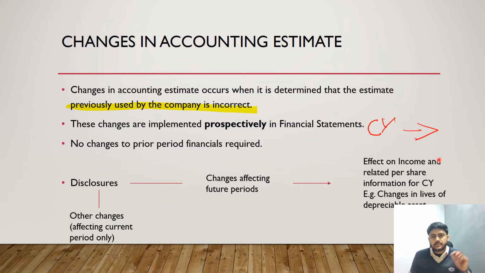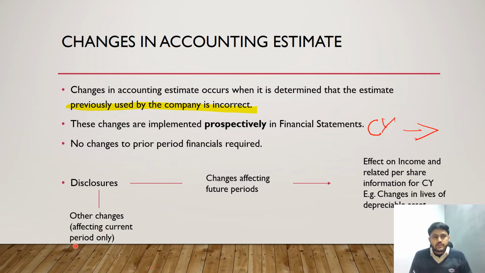The difference in the depreciation amount, which should have been shown if the life of the asset was 10 years, compared with the depreciation using the life of the asset as 8 years, should be disclosed. And the related effect on per share information should also be disclosed.